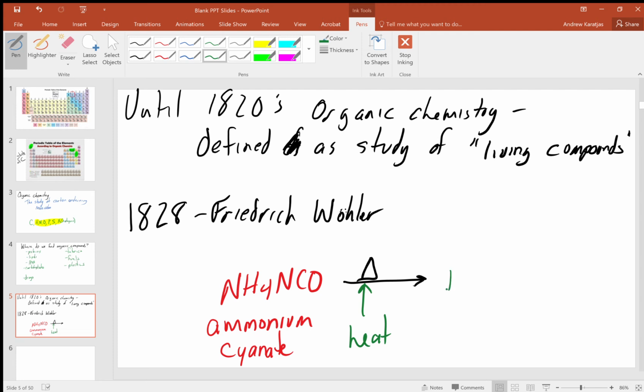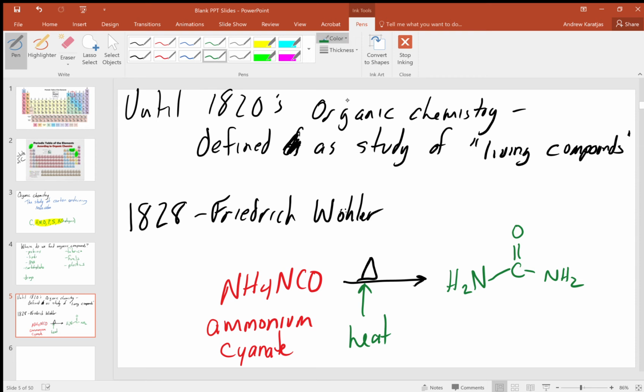As a result, and if you count the atoms, you'll find we've got 2 nitrogens on both sides, 1 carbon on each side, 4 hydrogens on each side. So literally the atoms in ammonium cyanate rearranged into a new structure.